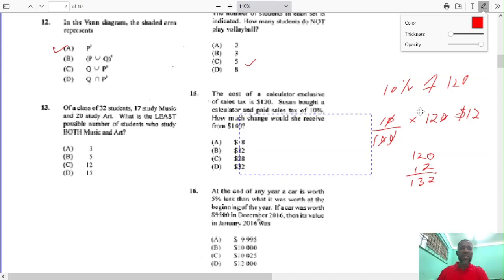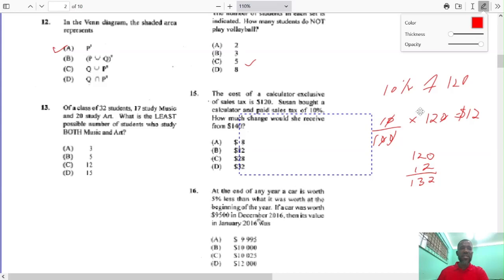So basically, if the rate of depreciation is 5%, we want to find 5% of one of these values and then subtract it to see which one will give us the 9,500. We can use the process of elimination. If we say 5% of 12,000, 5 times 12 will give you 60, so 5% of 12,000 is going to give you 600.